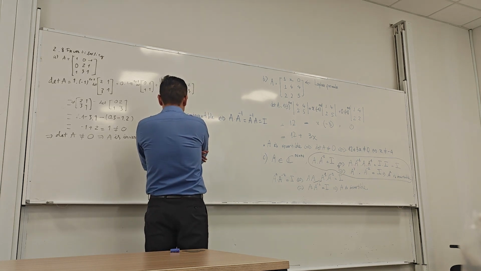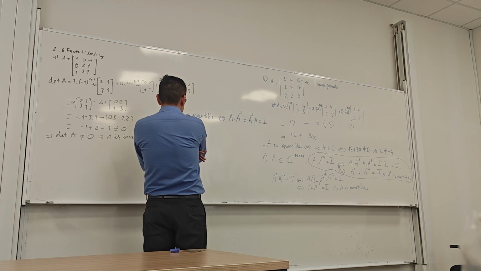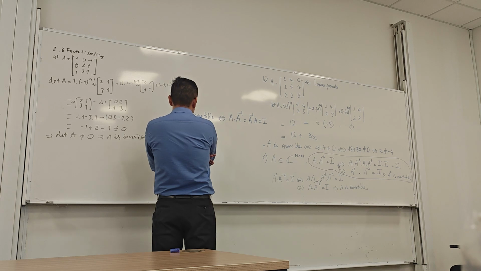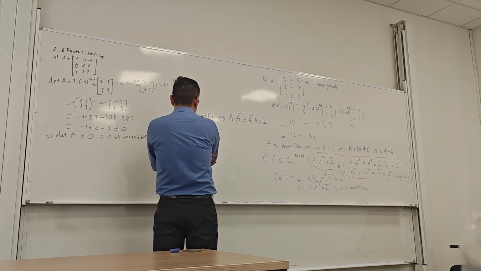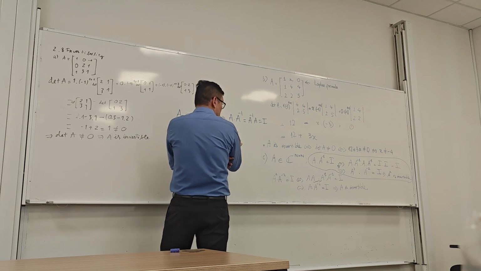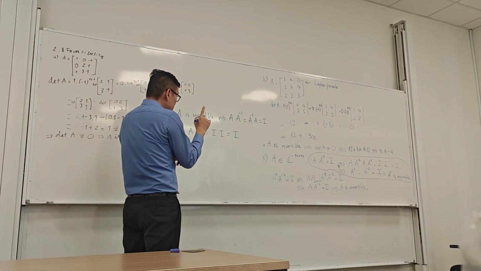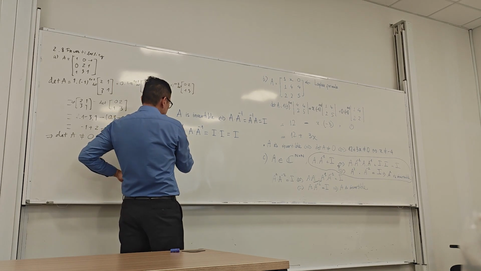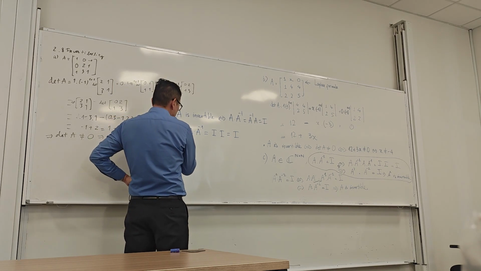Now, A times A inverse times A times A inverse equals I times I equals I. It's okay, right? So far so good because we use that one. This is one dimension. And then you see, you together with this one.